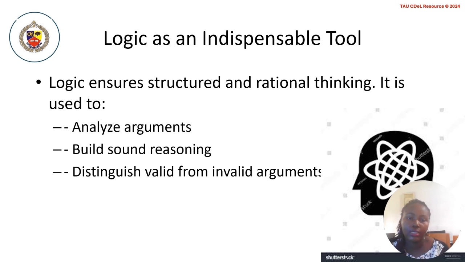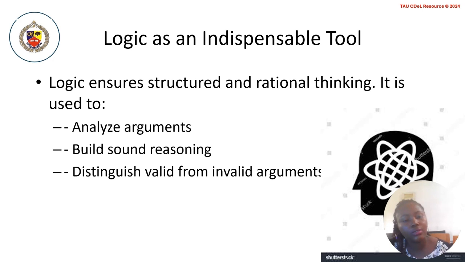Let's look at logic as an indispensable tool. What is logic as an indispensable tool? Logic ensures structured and rational thinking. It is used to, number one, analyze arguments. When there are arguments, you can use logic to analyze them. You can use logic to build sound reasoning.